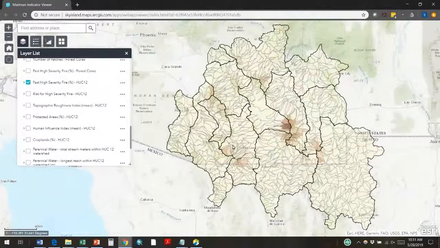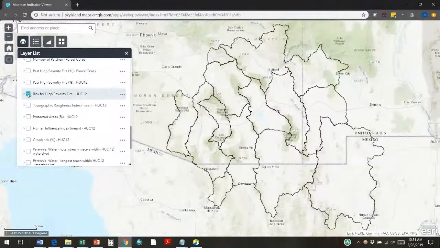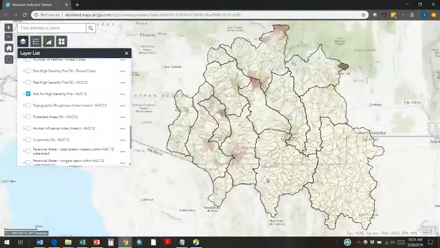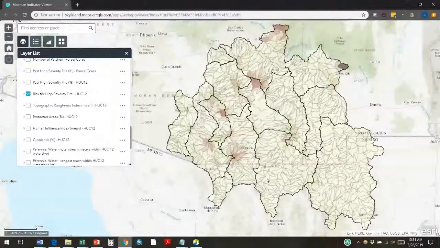And then we have an indicator for the risk of high severity fire, and I think this one is only going to be available in the U.S. Oh, it's not even loading. Oh, there it goes. Because it's based on LANDFIRE data. So we took their fuel loading classes and categorized them.